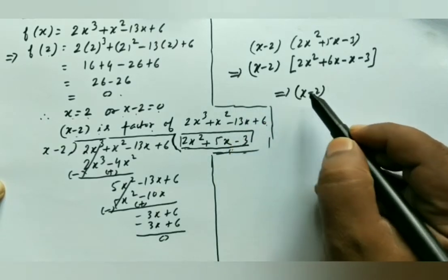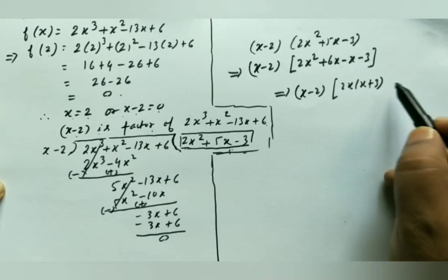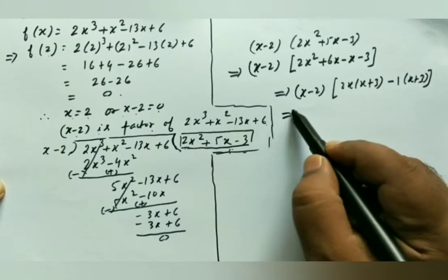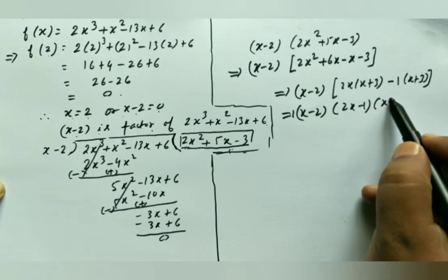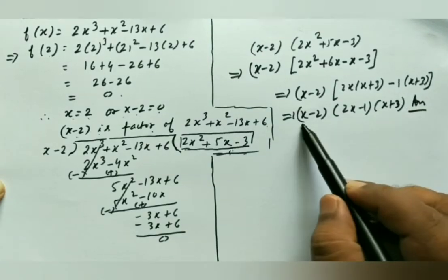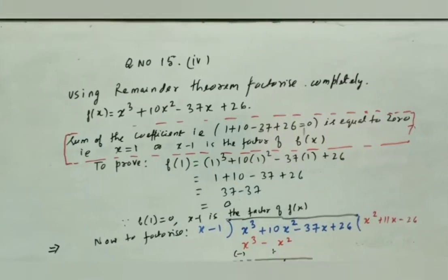So x minus 2 into 2x into x plus 3 minus 1 into x plus 3, and finally I get 2x minus 1 into x plus 3. This is the answer. Complete factorization. One more question I have done on this, so please go through it properly. It's important. This is question number 15, fourth part.